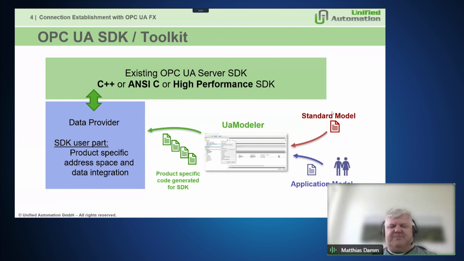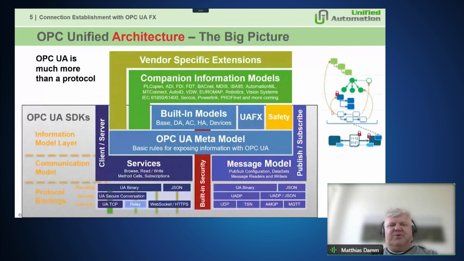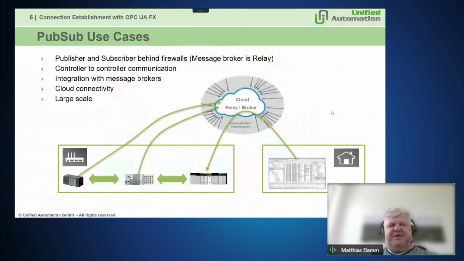What we added a while ago in the OPC UA big picture is another communication pattern, the pure pub/sub communication pattern. And Jim stressed that in his presentation on the first day. It allows us to separate the control plane from the data plane, and so pub/sub has a lot of different benefits for special use cases.